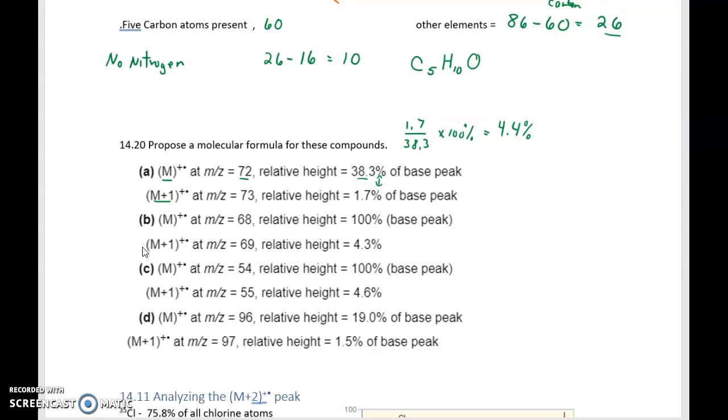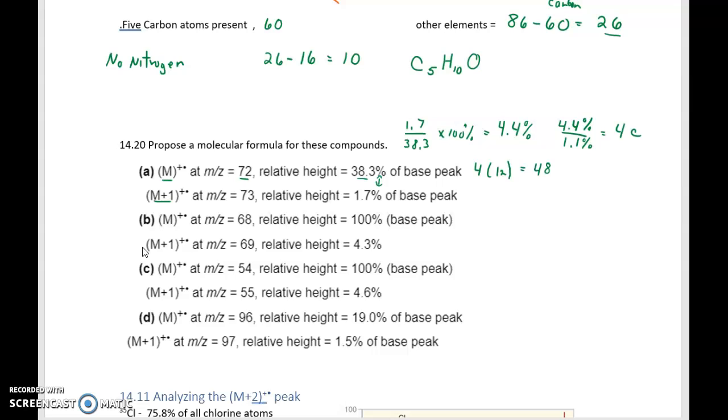Now we'll need to divide that number by the relative prevalence of carbon-13, and we'll get 4. We're going to have 4 carbons in this compound. So 4 carbons will weigh 48 molecular units.